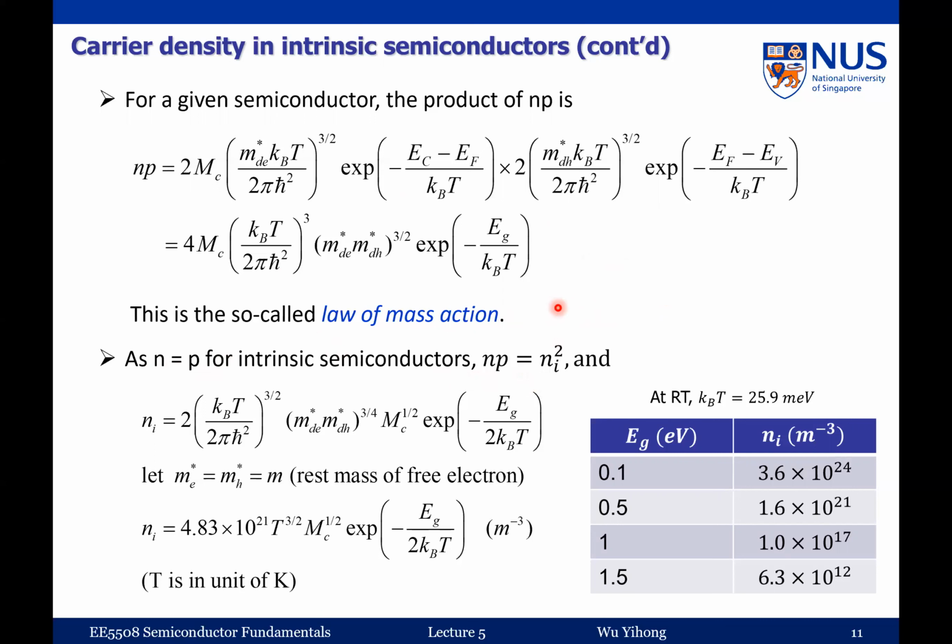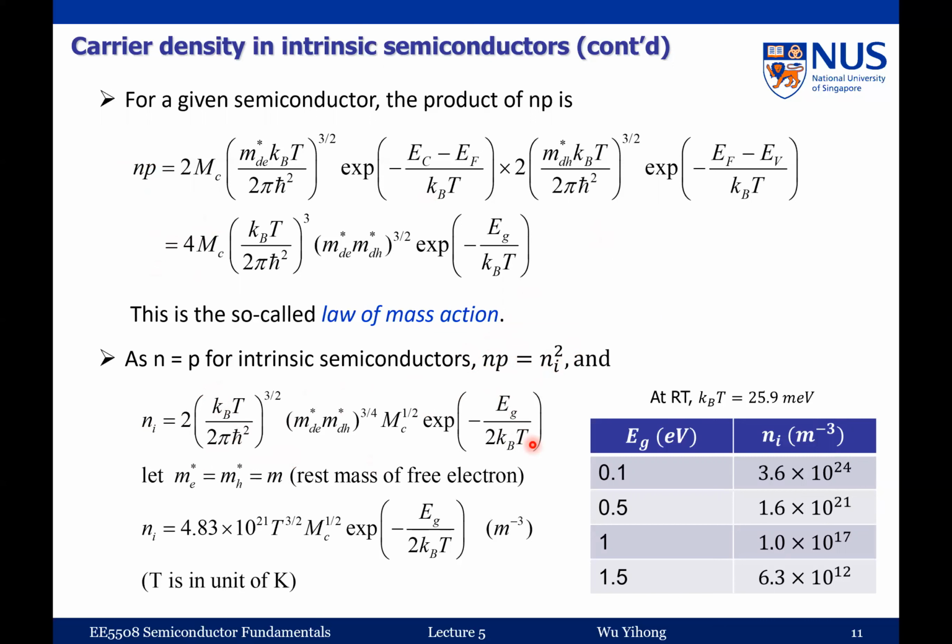By the way, this is true even for extrinsic semiconductors, which we'll talk about later. But for the intrinsic case, since N is equal to P, we just call both Ni. So NP will be Ni squared, and then we take the square root of this, and we can find the carrier concentration for intrinsic semiconductor, which is a function of temperature and band gap, right?